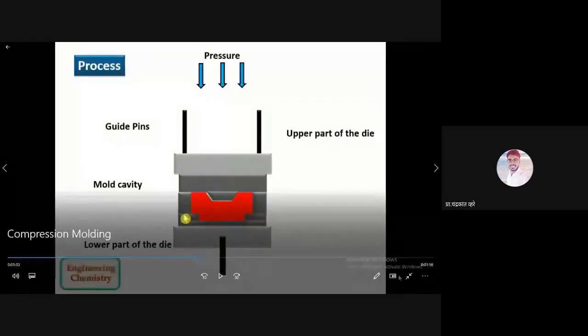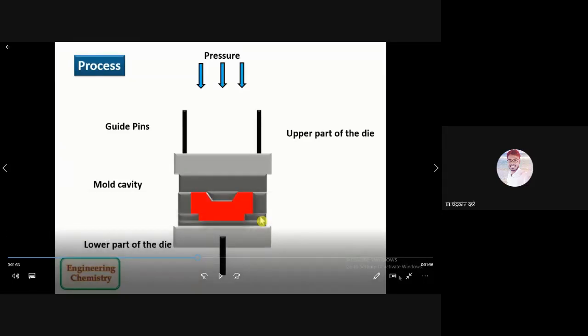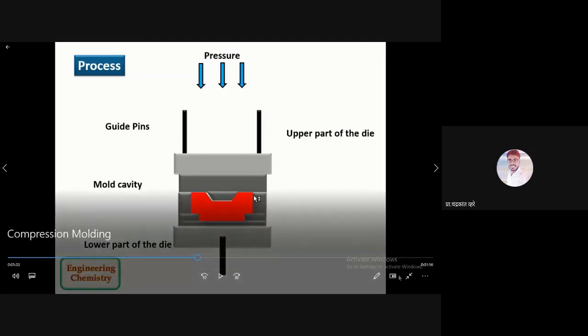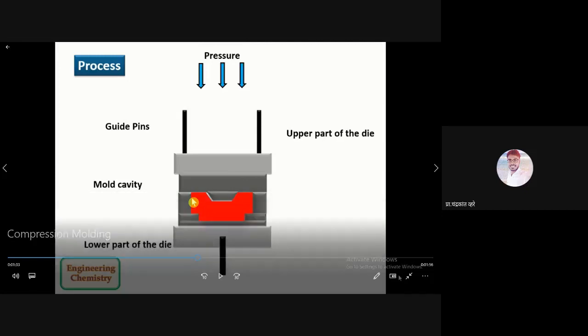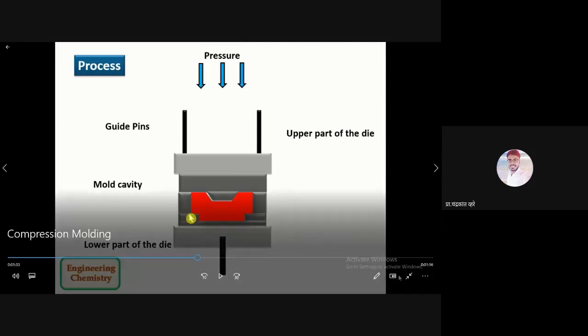But while heating the mold, one thing we need to ensure is that each and every point of the mold must have the same temperature.